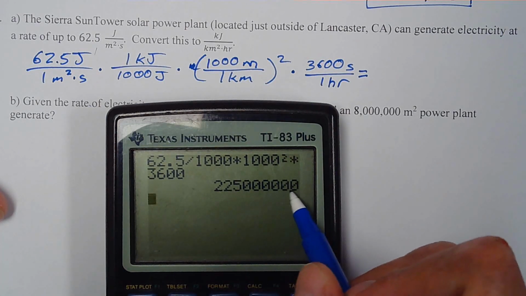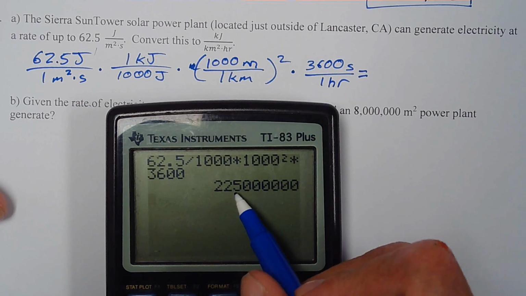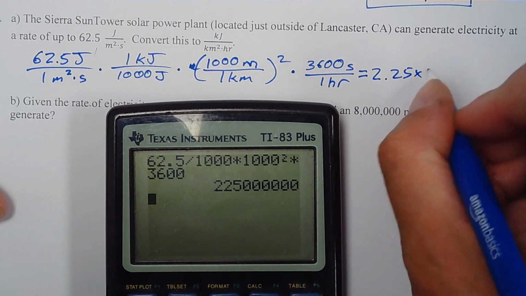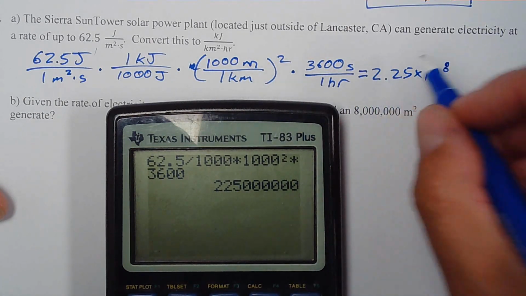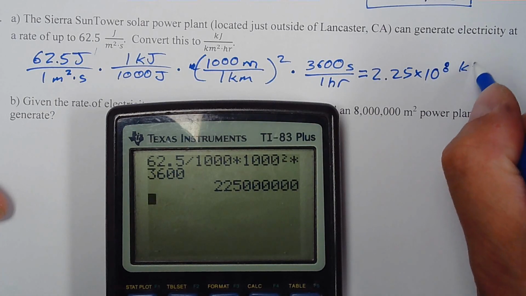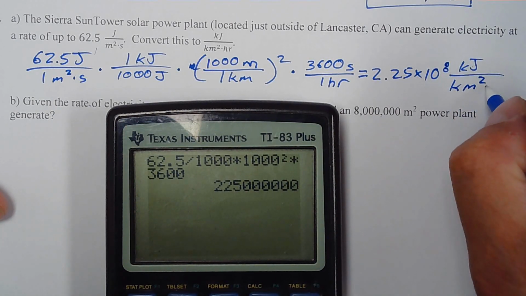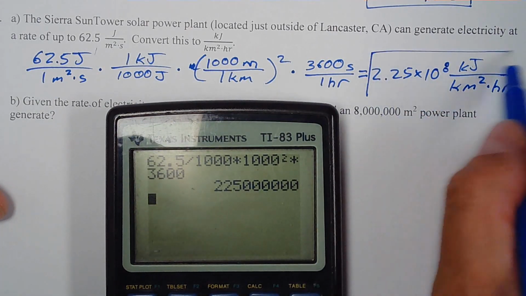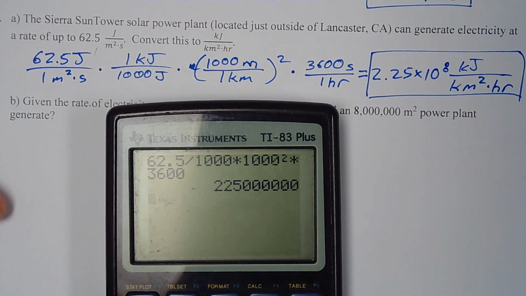Okay, so that's 1, 2, 3, 4, 5, 6, 7, 8. So that's 2.25 times 10 to the 8th. And what the heck were the units we were trying to go for? Kilojoules per square kilometer hour. Okay.